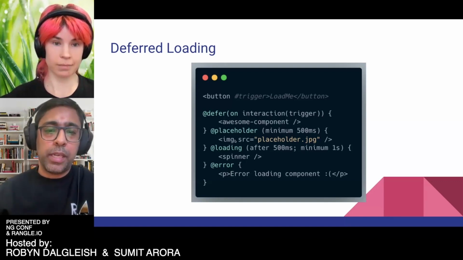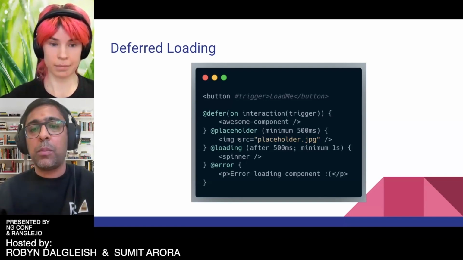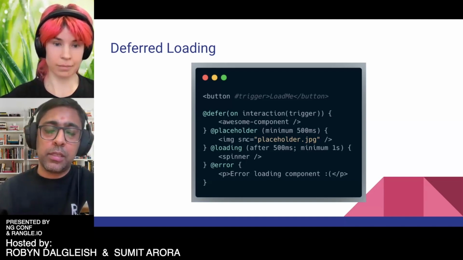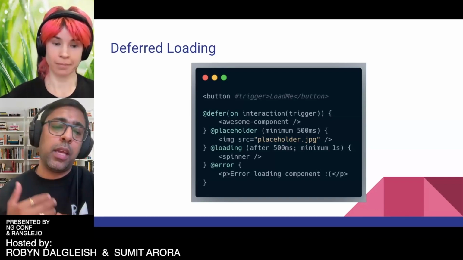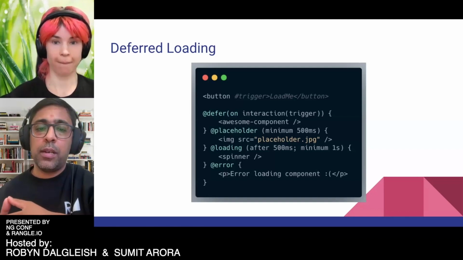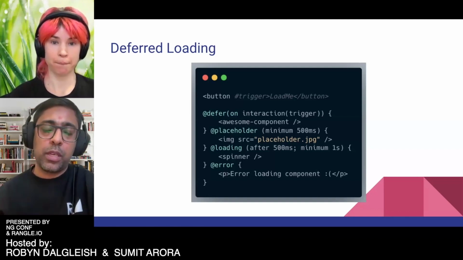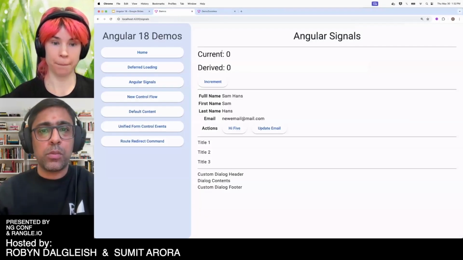You can also have a placeholder, saying load it later, but show the placeholder for a minimum of 5 seconds. Then there's another property called loading, saying show the placeholder for 500 milliseconds, then start loading, and show the loading for a minimum of 1 second. And if you are still not able to load the bundle of your component, show the error placeholder. We'll quickly show the demo as well.